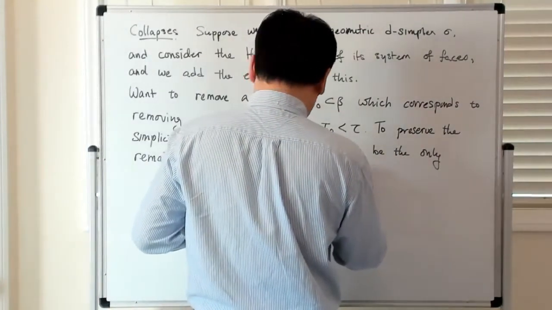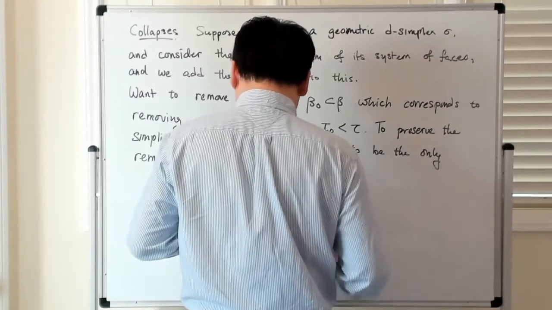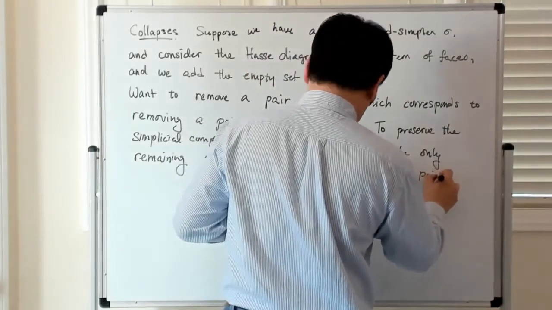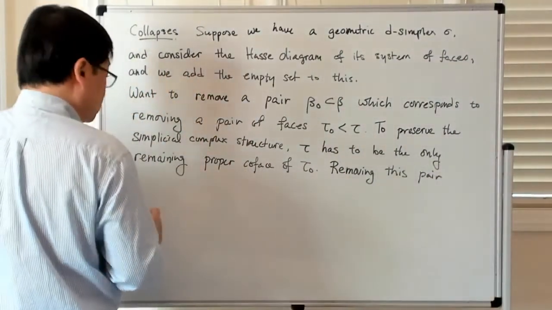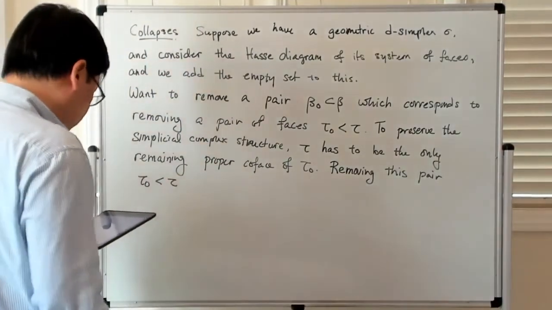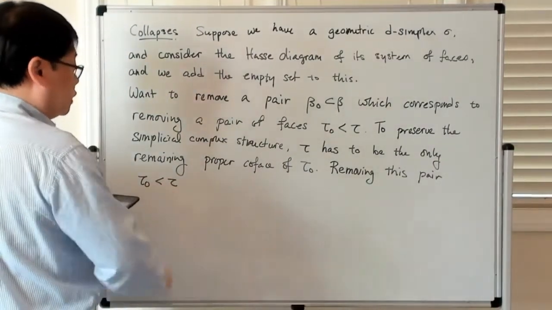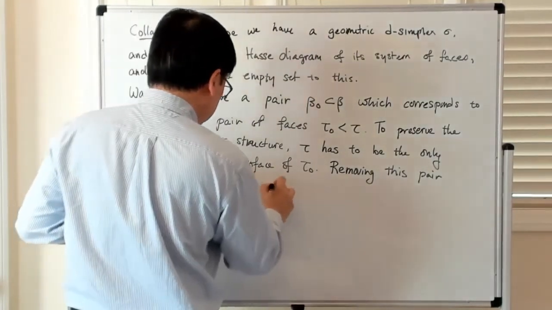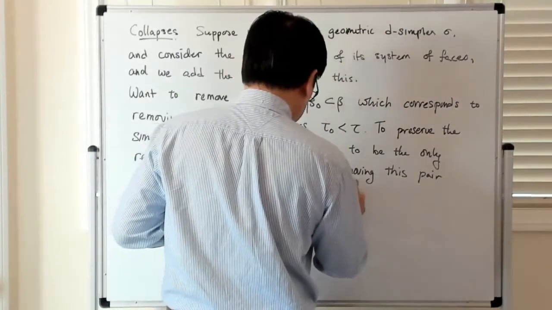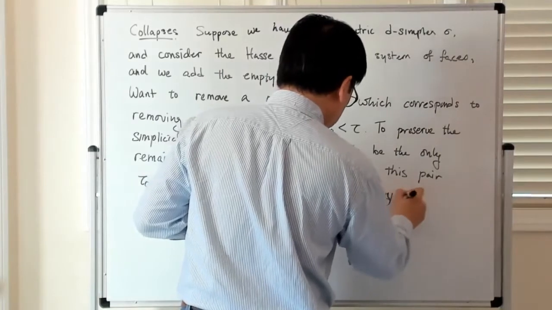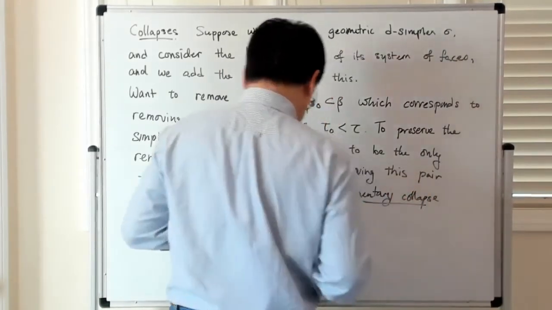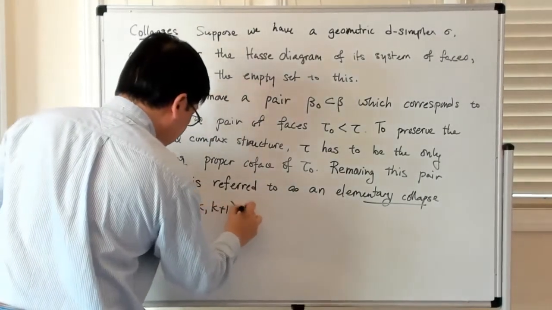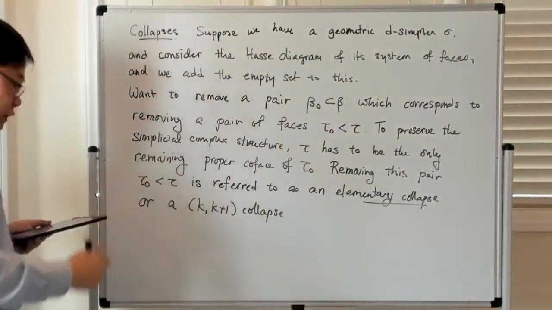So removing this pair, tau 0 contained in tau, well, tau 0 is a face of tau, is referred to as an elementary collapse, or a k plus 1 collapse, where, as you might expect, k is the dimension of tau 0.